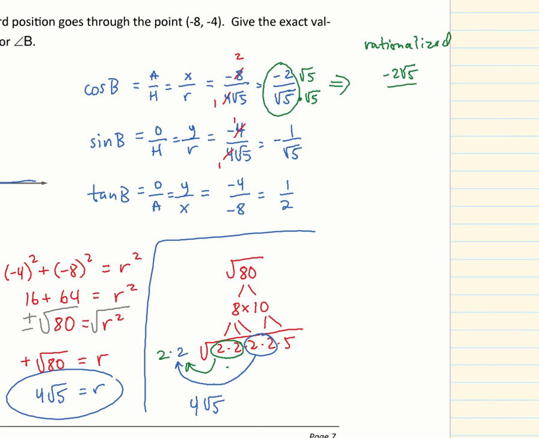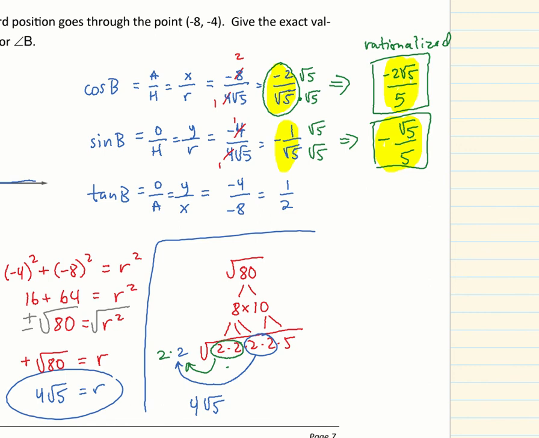And on the bottom, root 5 times root 5 is just 5, because root 25 is what that would give you, which is 5. Likewise, this one we can multiply top and bottom by root 5, leaving us with negative root 5 over 5. Again, these are the same answers as before, just the rationalized version of them. So this or this means the same thing. And the last one, 1/2, we're done there.